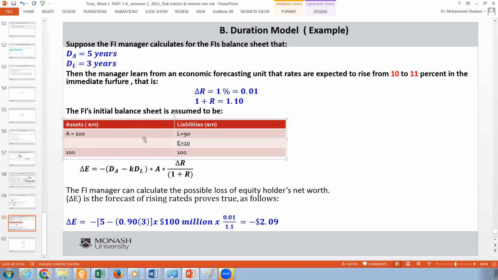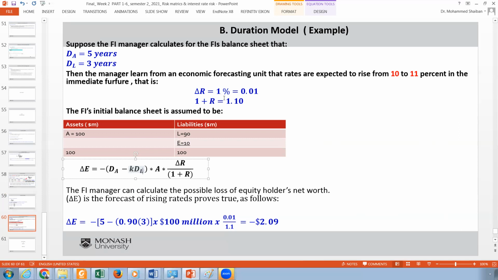They have 100 in assets, 90 in liabilities, 10 in equity. If I want to get the change in the equity, I use the formula: minus the duration of assets minus the leverage times the duration of the liabilities, times the assets, times the change in the interest rate over 1 plus R.